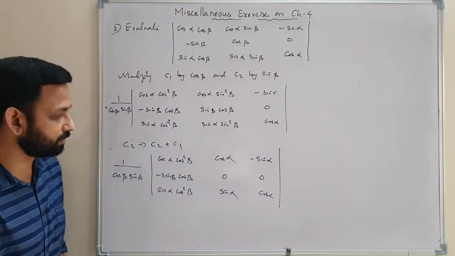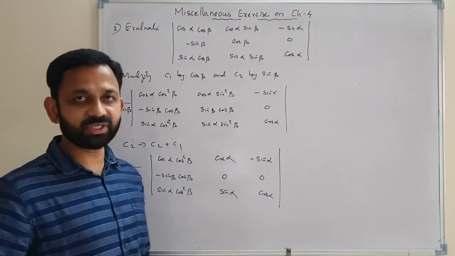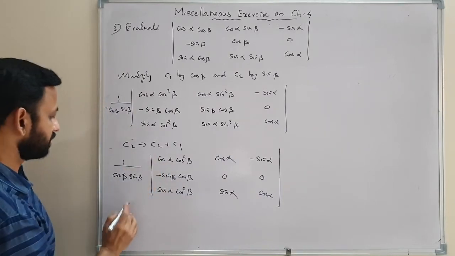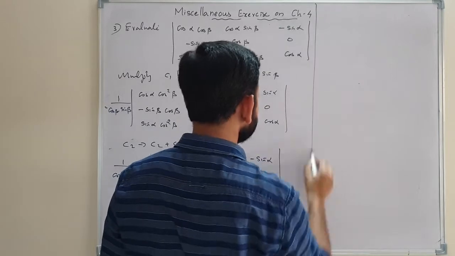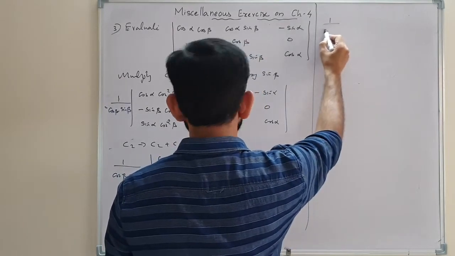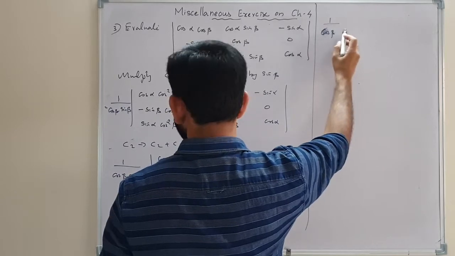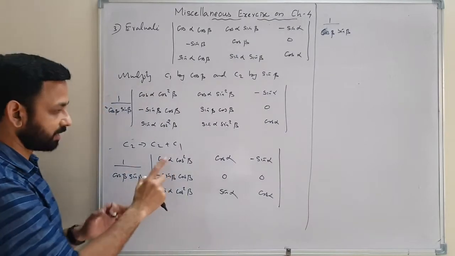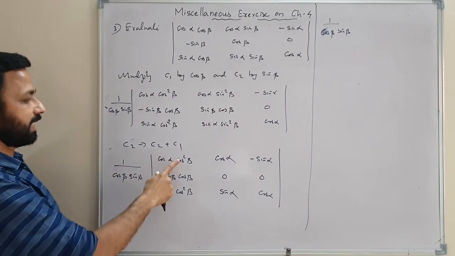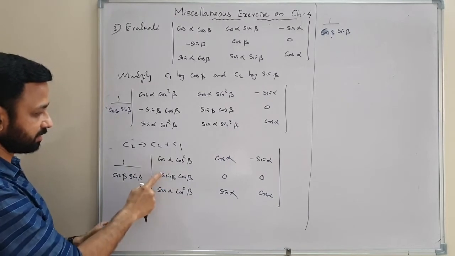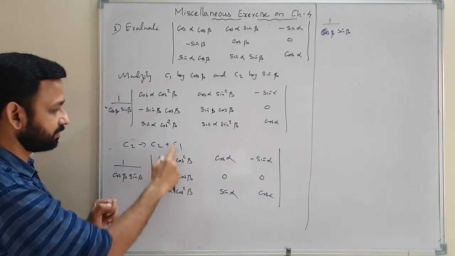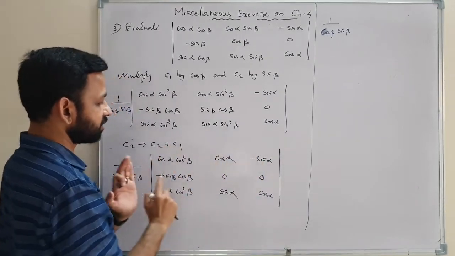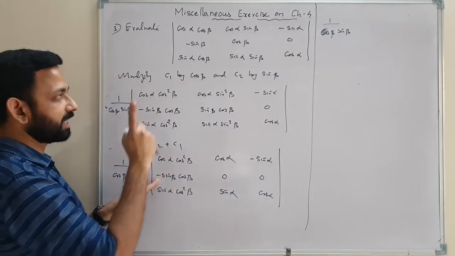Now we can reduce it into 2 by 2 form because we have 2 zeros here. The order of the signs is positive, negative, positive. So this is equal to 1 upon cos beta sin beta. Then we reduce it into a 2 by 2 determinant, and in the expansion the signs are positive, negative, positive, so minus this element, deleting its row and column, then finding the determinant of the remaining elements diagonal-wise.